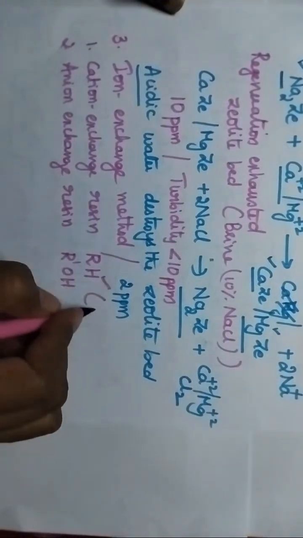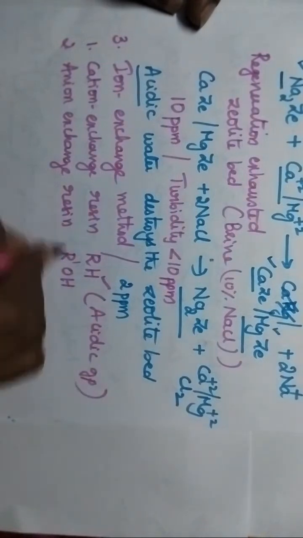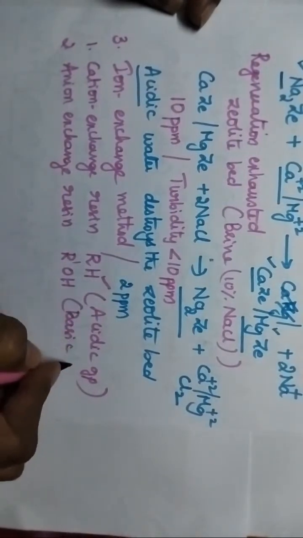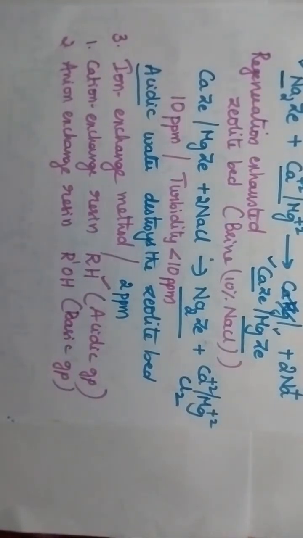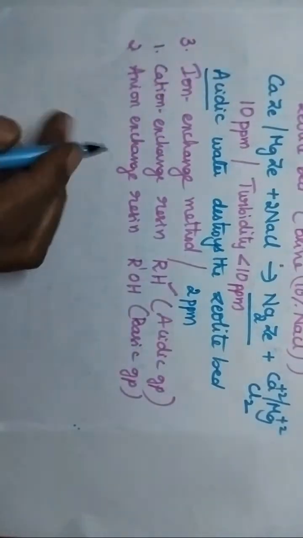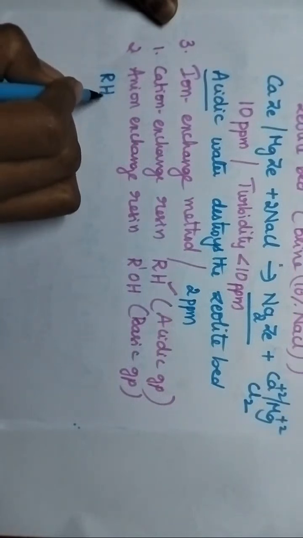That means the cation exchange resin consists of an acidic group, whereas the anion exchange resin consists of a basic group. Initially, when water is passed through the cation exchange resin, let us see what happens. This is the cation exchange resin.